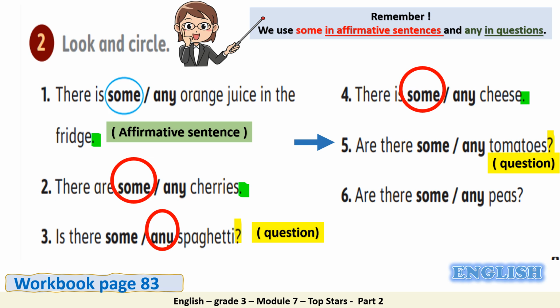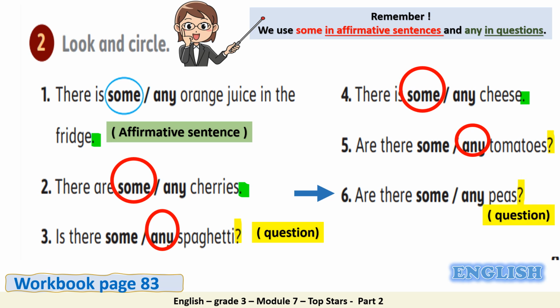And in questions, we need to choose any. Very good. Are there any tomatoes? 6. We have a question mark. It's a question. Very good. We have to choose any. Are there any peas?